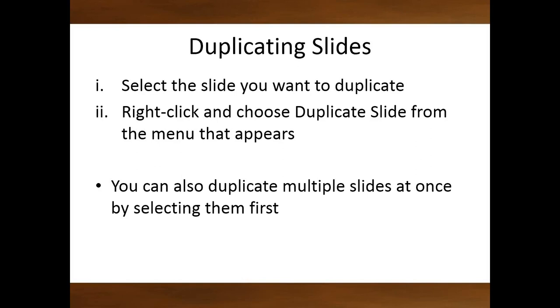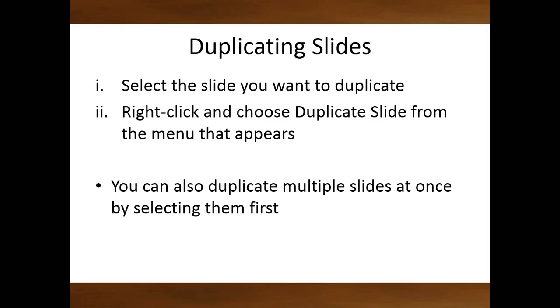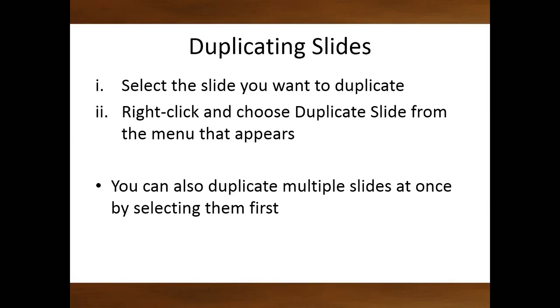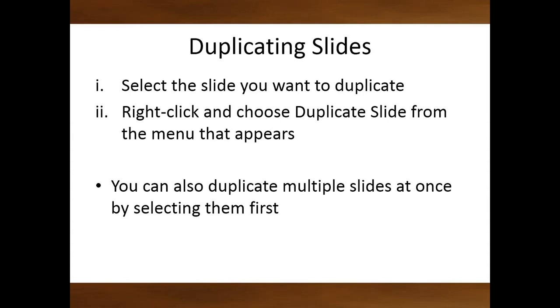Choose Duplicate Slide from the menu that appears. You can also duplicate multiple slides at once by selecting them first. Then, after you've selected them, you right-click and then choose duplicate slides. Let us demonstrate this.